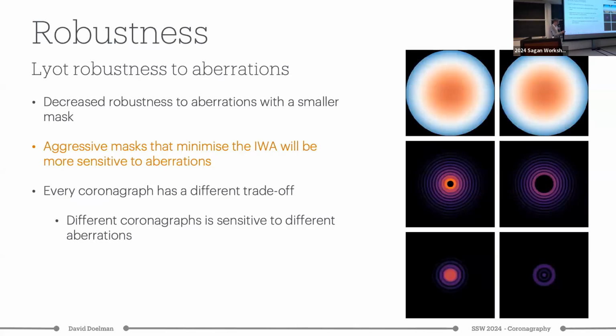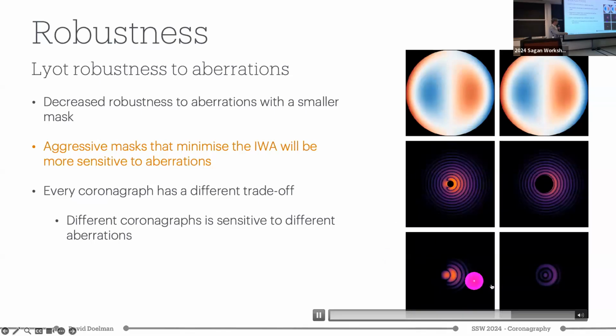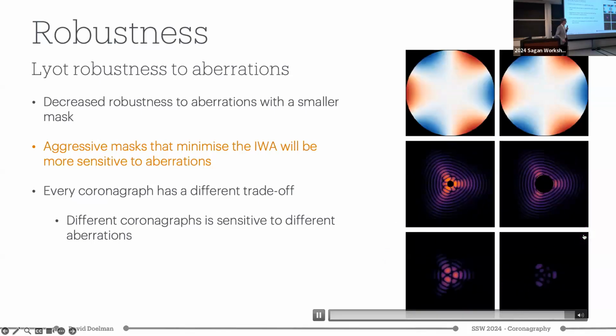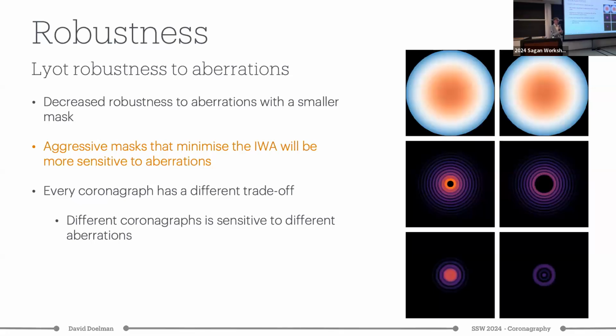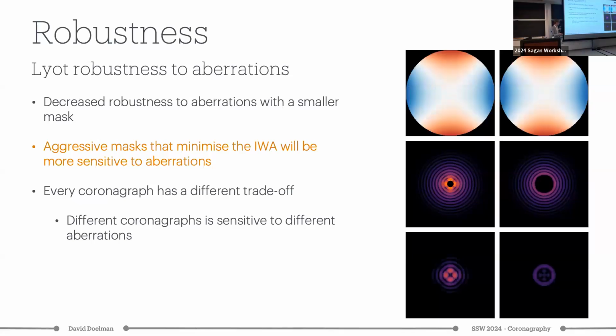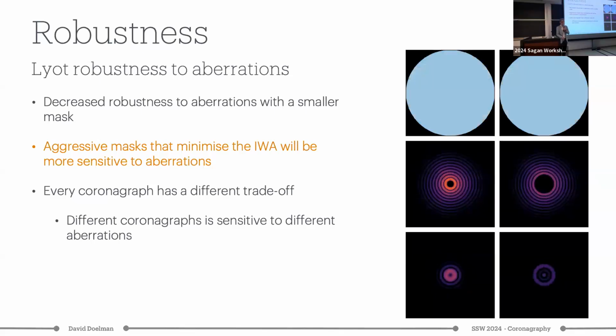You can see on the bottom here, this is post-coronagraphic, that this flux is much higher than this. So the more aggressive you make your coronagraph, the more sensitive you are to aberrations. So this is a fundamental trade-off. Like, how well can you control your aberrations? How aggressive can you look for planets nearby?